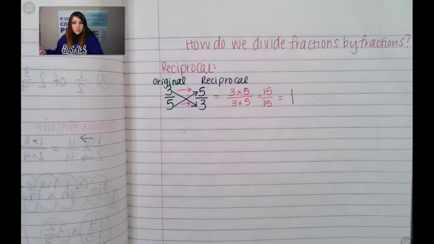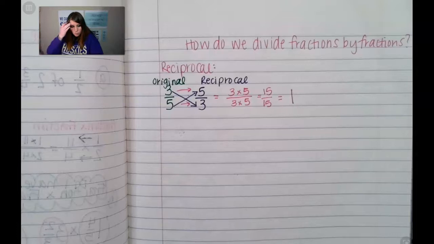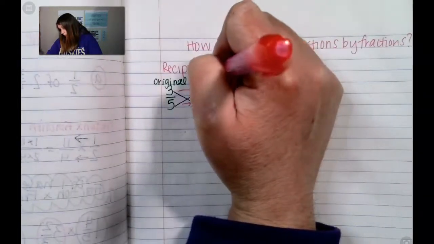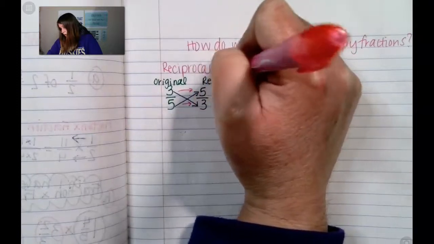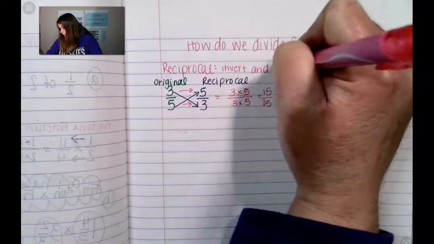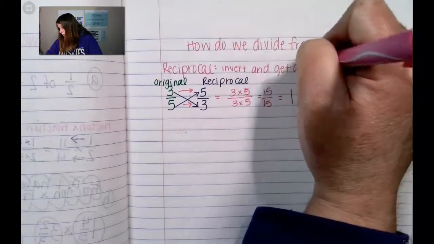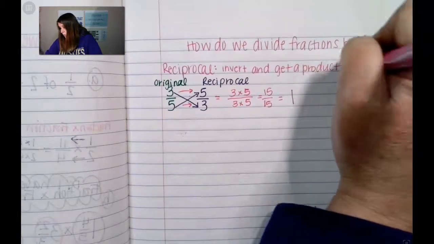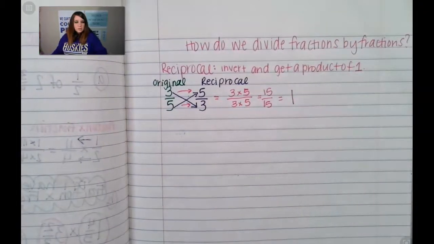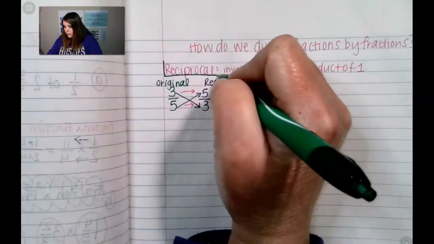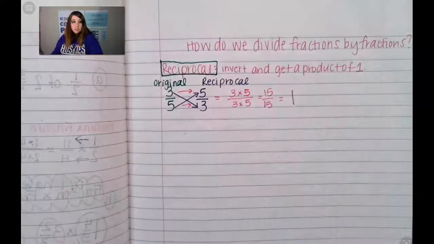So you're inverting a fraction and receiving a product of 1 whole. And we're going to use this idea of reciprocals to help us with dividing fractions.